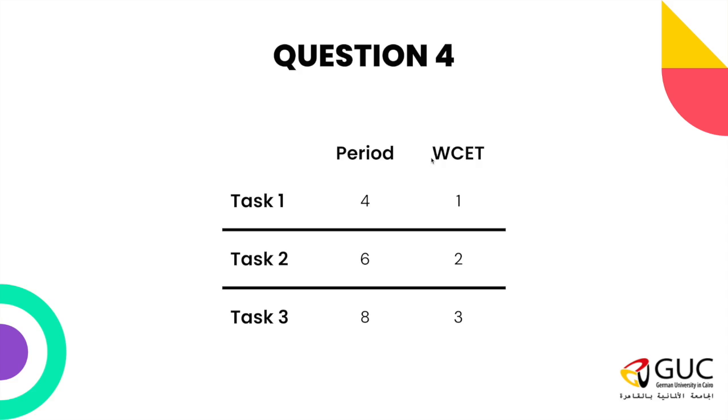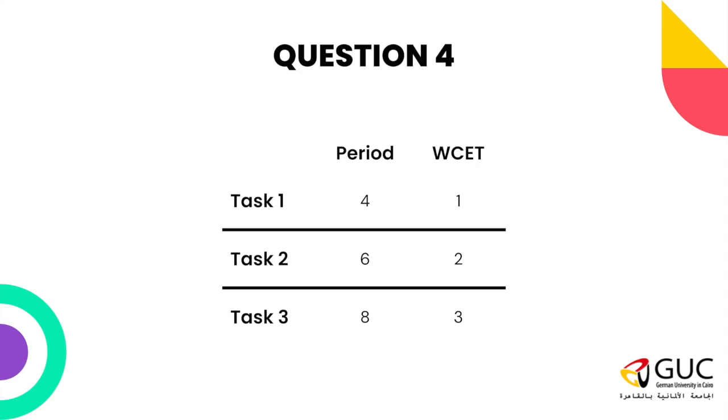Task 1 has a period of 4 and an execution time of 1. Task 2 has a period of 6 and an execution time of 2. And finally, task 3 has a period of 8 and an execution time of 3. Since we are using the EDF algorithm, the task with the highest priority will be the task with the nearest deadline. From this table, I cannot determine which task will have the highest priority at a given instance.